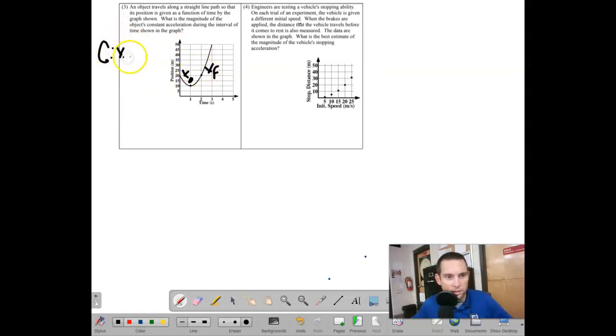We know the initial position is going to be 10 meters. The final position is going to be 20 meters. The time in between those two is going to be 1 second. And I think that's it.